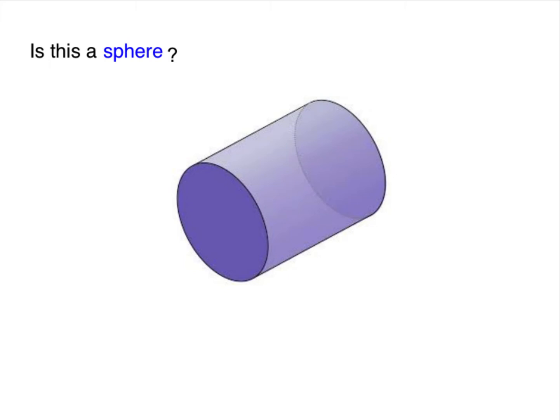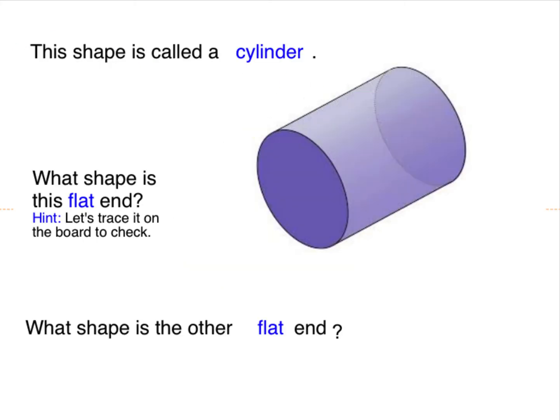So is this a sphere? It's round, it rolls, but is it perfectly round all over like a ball? No, because we have this side and this side. Those are flat. Do you know what shape those sides are?